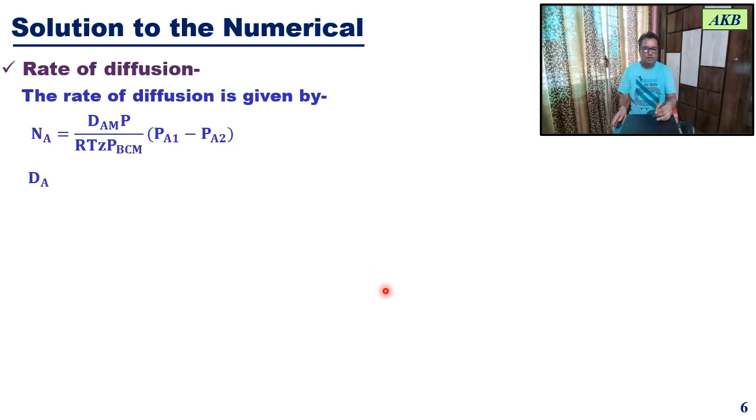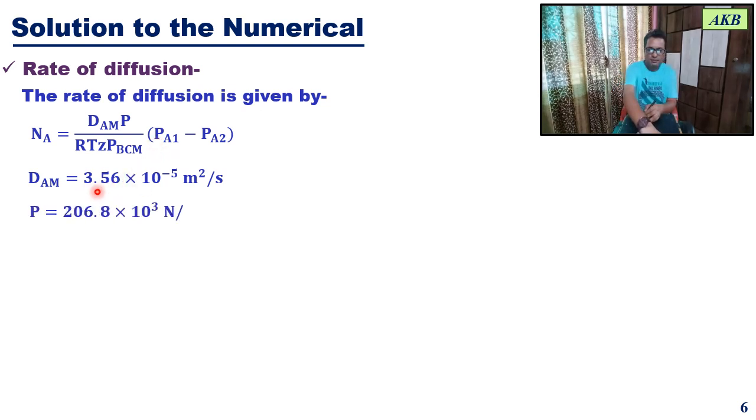The equation to be used is known. We have already understood this. So this equation has to be used. All quantities are now known. All quantities required on the right hand side of the equation, they are now known. You just have to put those values and get Na. Okay, so DAM we calculated previously. It is 3.56 into 10 to the power minus 5 meters square per second.